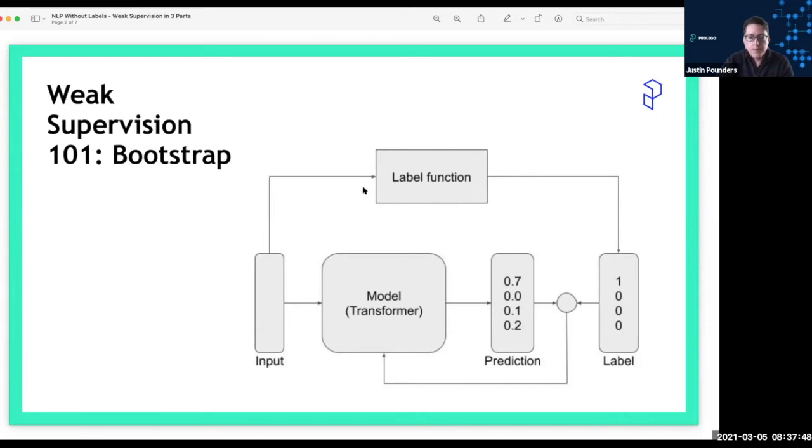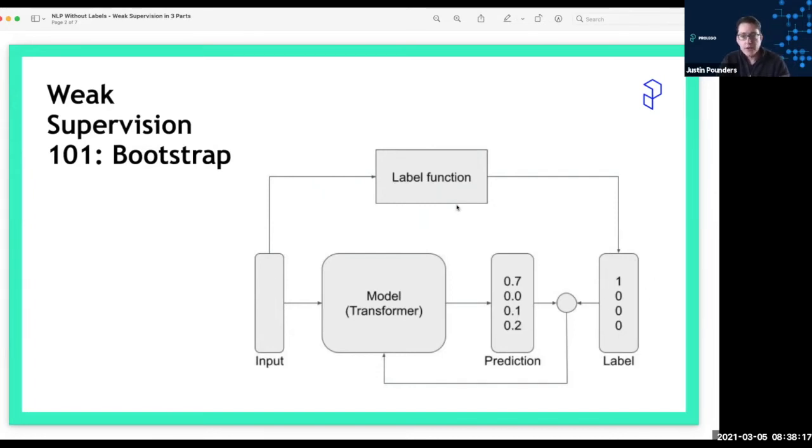So for example, I'm going to write a Python function that says, if this sentence contains this phrase that a lawyer would look for when he's classifying these documents manually, let's take that sentence and give it a label 1. So for example, if we're talking about payment conditions, this label function might look for a sentence like "right to increase payments," or "right to decrease payments," or "right to withhold payments." And if it finds that particular text in the sentence, it's going to give it a class label of 1.